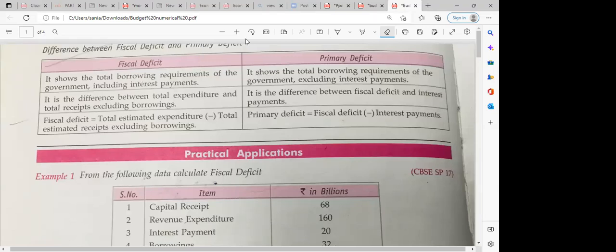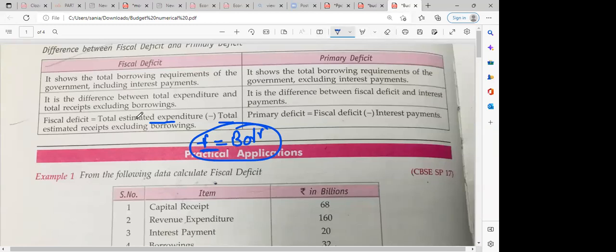For example, you get a question and the formula is expenditure and estimated receipts, but nothing is given, only borrowings is given. Then no need to search for anything, just write it down: fiscal deficit equals borrowing. In case you don't get these terms in the table, you will directly write fiscal deficit equals borrowing. Okay, clear?